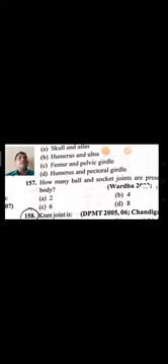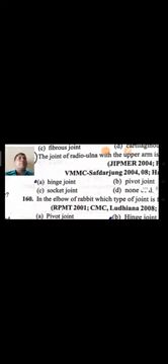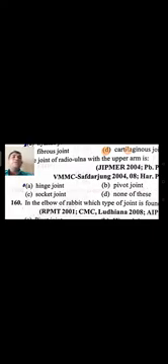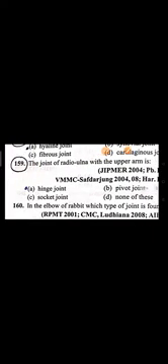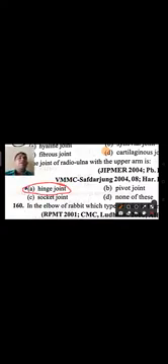The type of joint there is the hinge joint. Ball and socket joints are in the pelvic and pectoral girdle, pivotal joints in the skull, and hinge joints in the elbow region. So the hinge joint is the answer for the question.